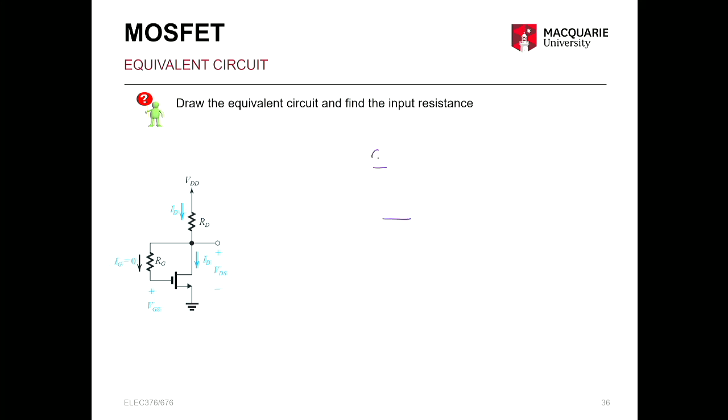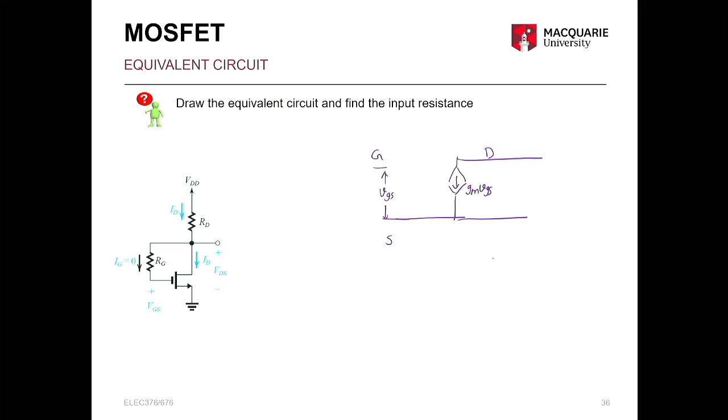So you draw the gate, drain, and source. Between the gate and source, there is no resistance, or infinite resistance, but there is a voltage VGS. From drain to source, there is a current that depends on the voltage VGS. So the current is gm VGS.